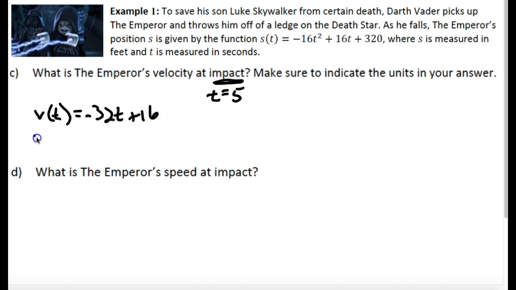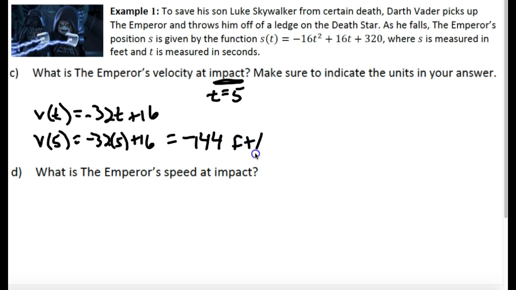So if I plug 5 in, v of 5 will be negative 32 times 5 plus 16. So what do we get? Negative 32 times 5 is negative 160, plus 16 gets me negative 144. So his velocity at the time of impact was negative 144 feet per second.